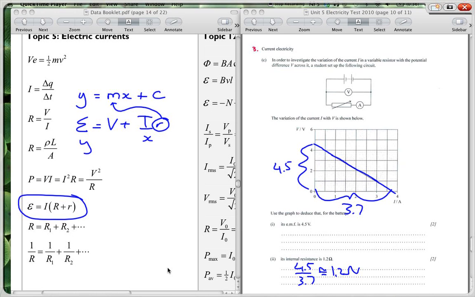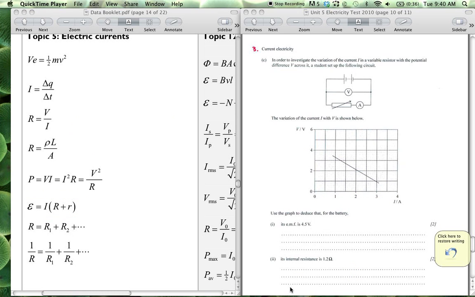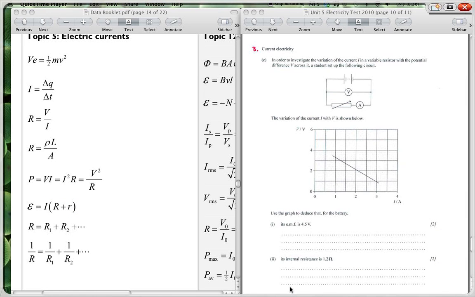Roughly about that. Now there's another way that you can also do it. We know that when we have V equal to 0, if I extend this down here like that, then going back to this formula, E is equal to V plus Ir, at V equal to 0, our Ir is equal to our EMF.